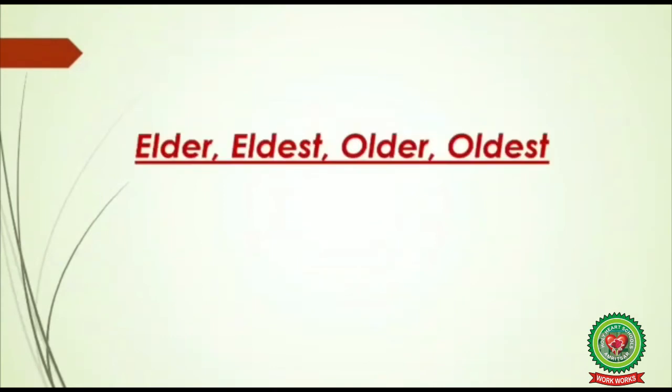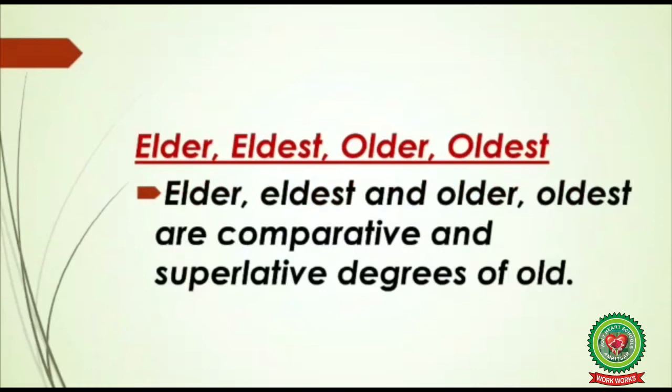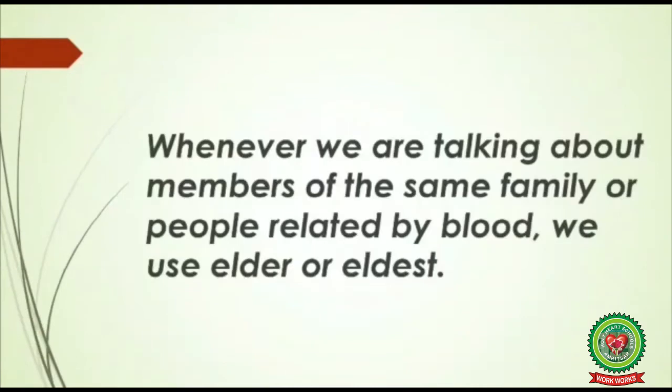Students, let's learn the use of elder, eldest, older, oldest. Elder, eldest and older, oldest are comparative and superlative degrees of old. Whenever we are talking about members of the same family or people related by blood, we use elder or eldest.